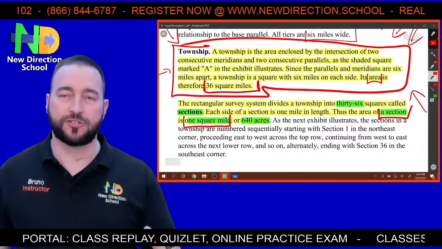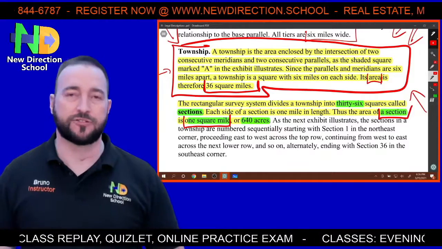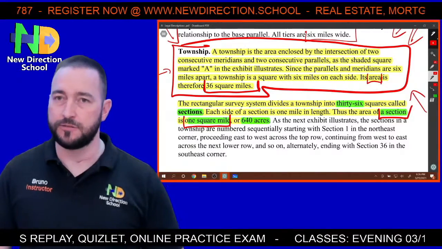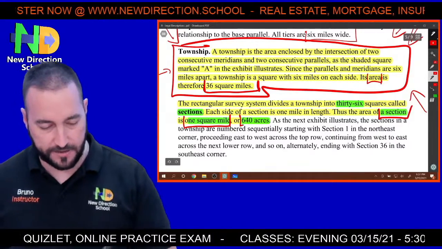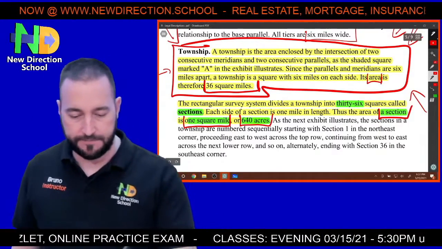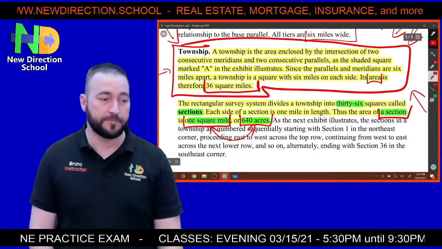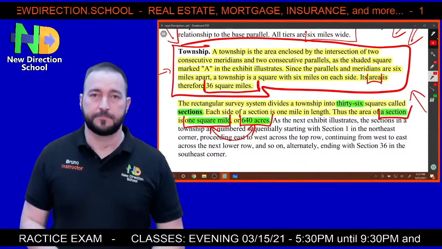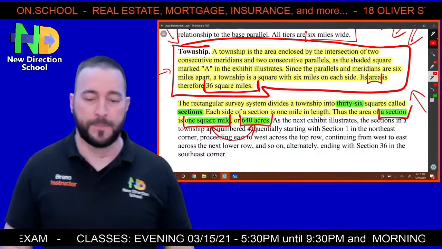So each section within the township, we divide townships into sections, each section is equally divided into 1 square mile, which is the same as 640 acres. Okay, these are the same: 1 square mile or 640 acres.